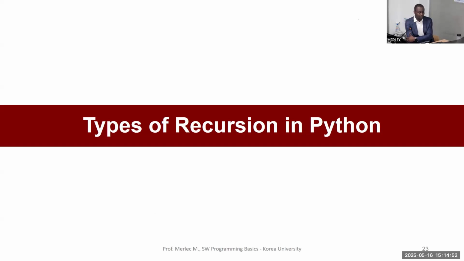Those are the 3 laws to follow when you have a problem that can be broken down into smaller problems of the same type. So instead of writing the same code again and again, you can write a function once and call it recursively to solve the problem, and all the intermediary results will contribute to the overall problem solution. So now I will elaborate on the types of recursion supported in Python.